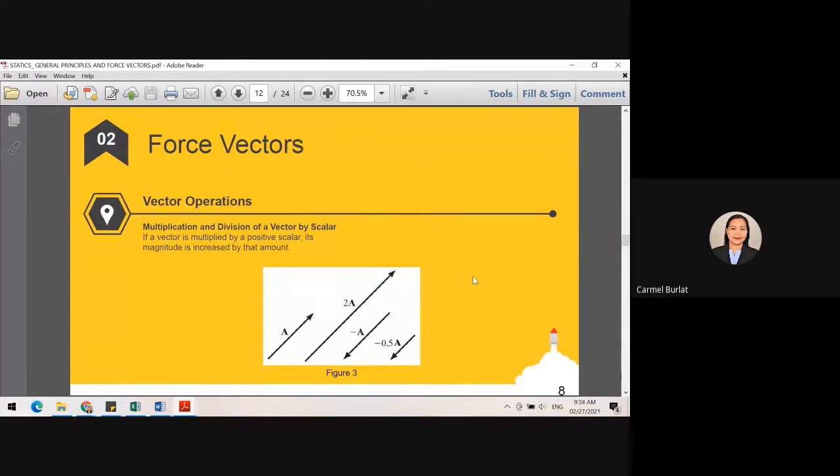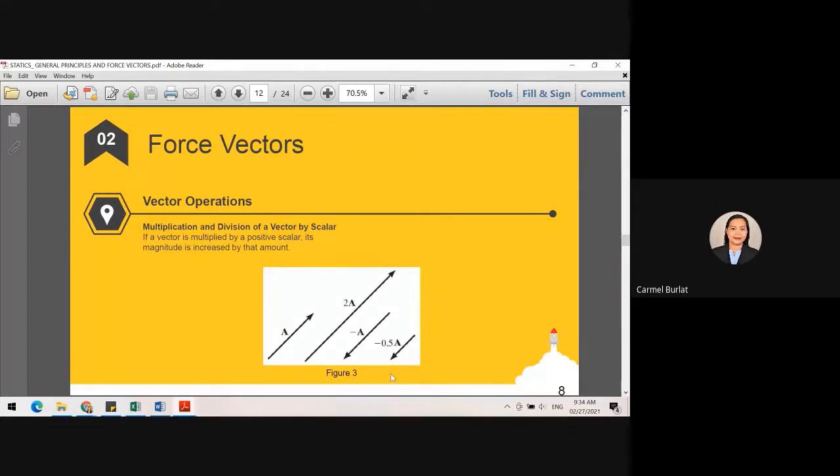And also, if you have negative A, this is the vector, multiplied by a positive scalar, 0.5, then you'll get this one, negative 0.5 A. The same sense, the same direction, but different in magnitude.